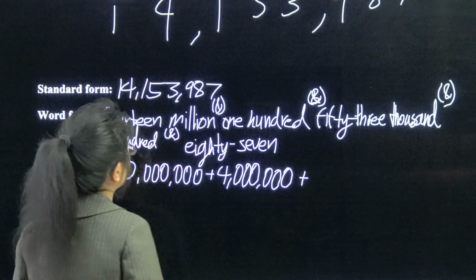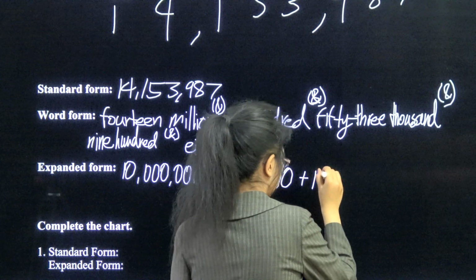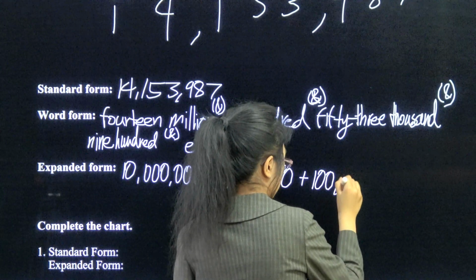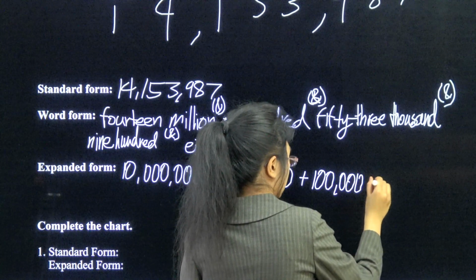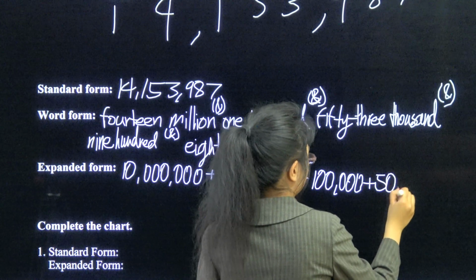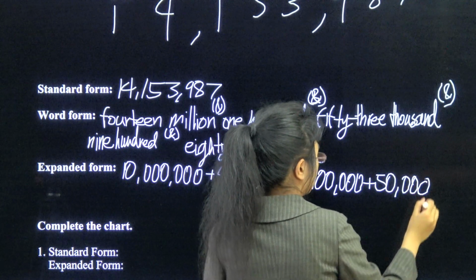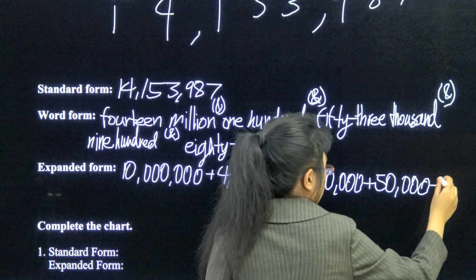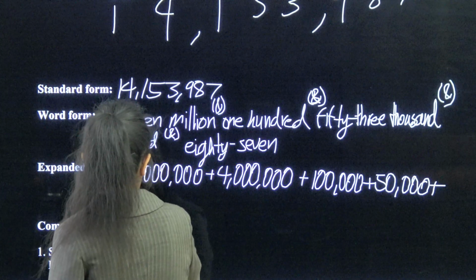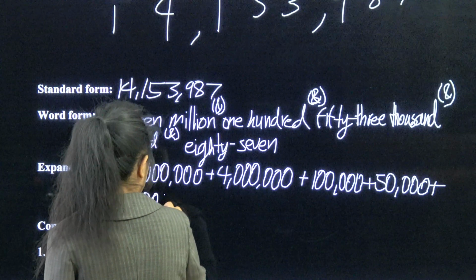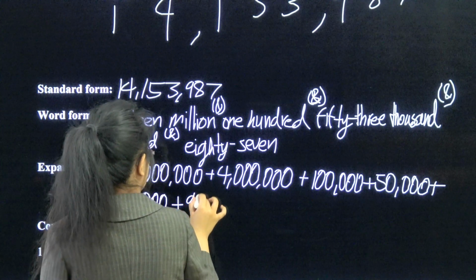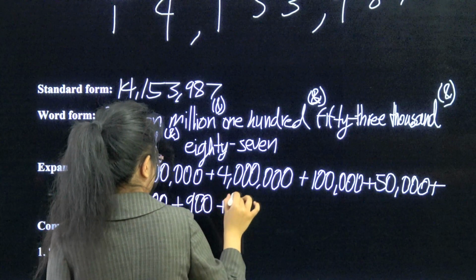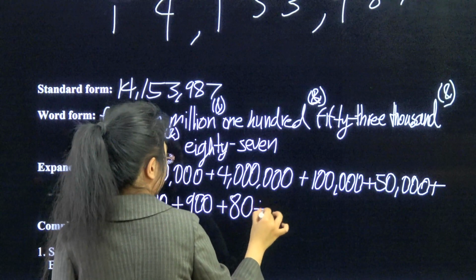And then we have 100,000, 50,000, 3,987, which is 80 plus 7.